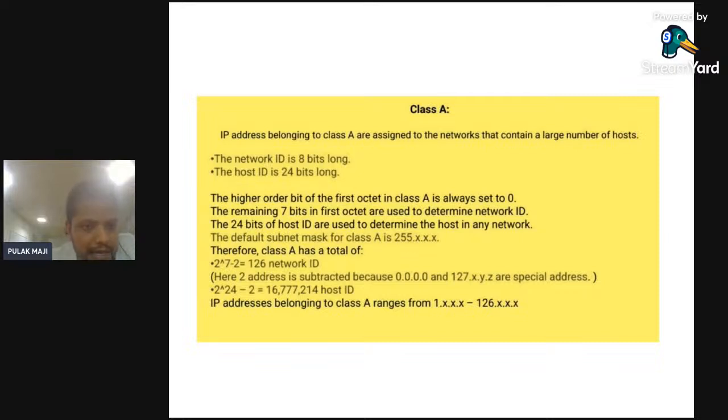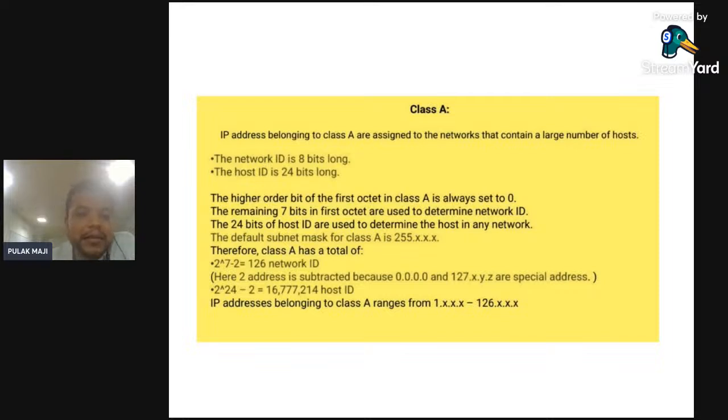But the first address, 0, we are not using because it is reserved. IANA, the Internet Assigned Numbers Authority, is the organization basically responsible for maintaining the IP addresses.